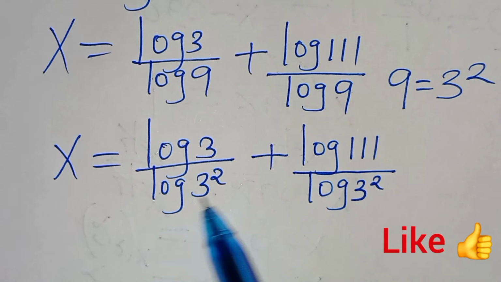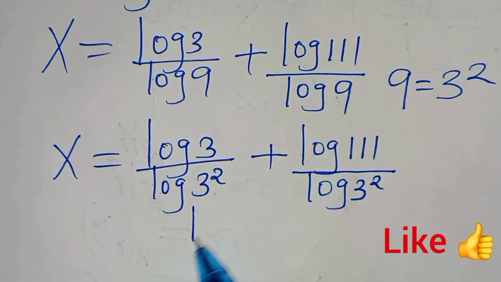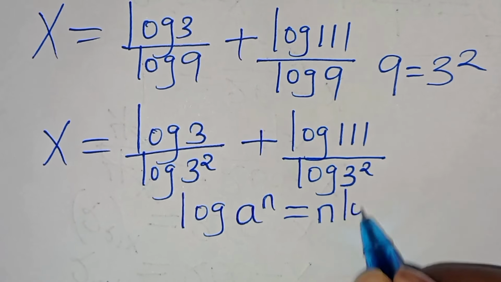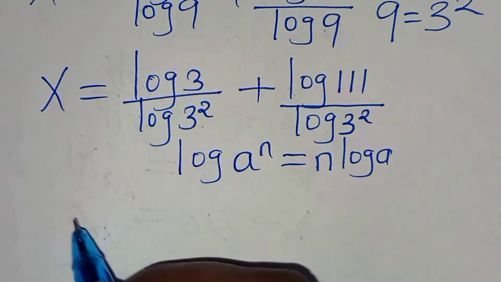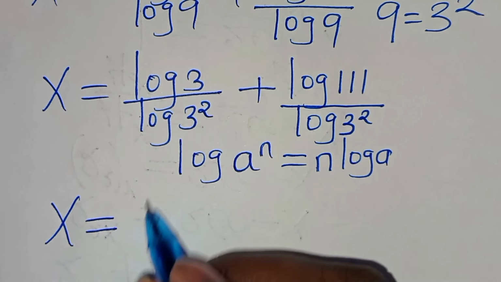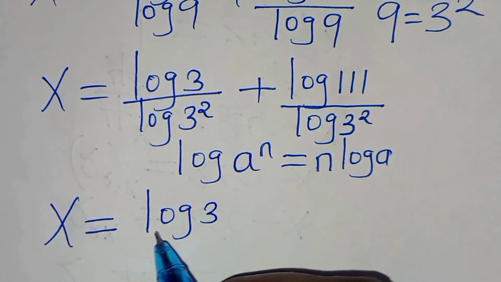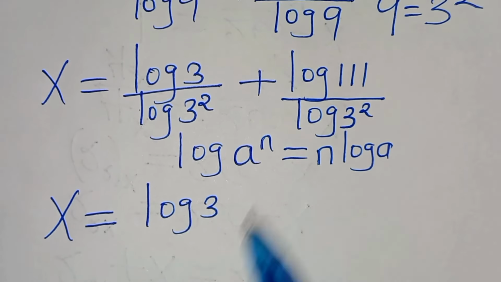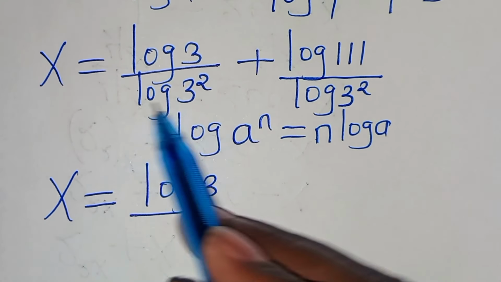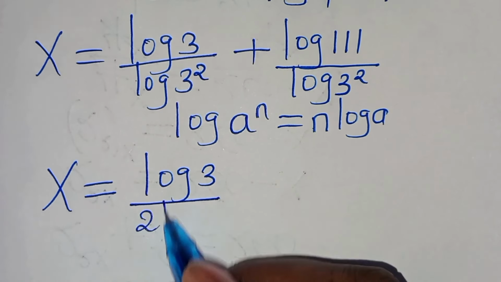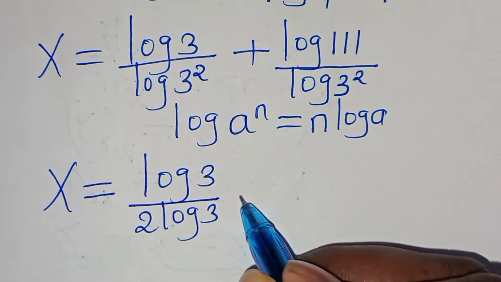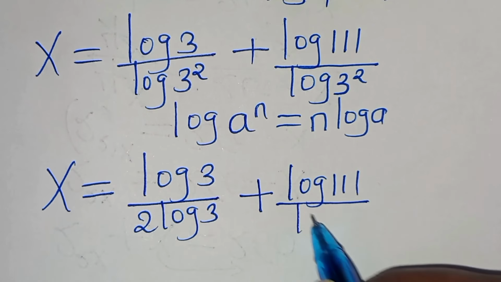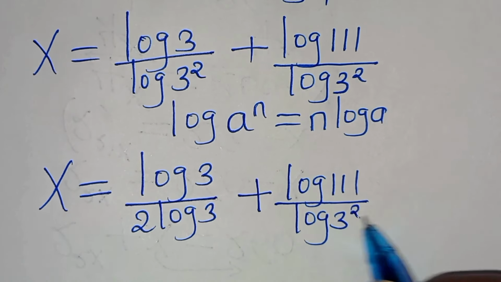Now let's apply the power rule property here, that is log a to the power of n is equal to n log a. Then you find that x is equal to log 3 divided by log 3 to the power of 2, which becomes 2 log 3, plus log 111 over log 3 to the power of 2.